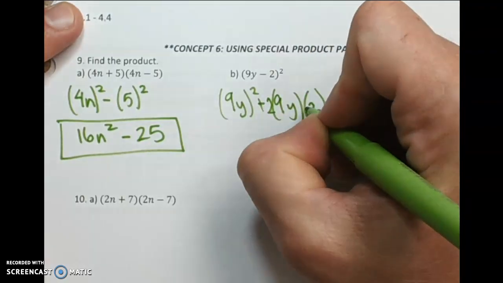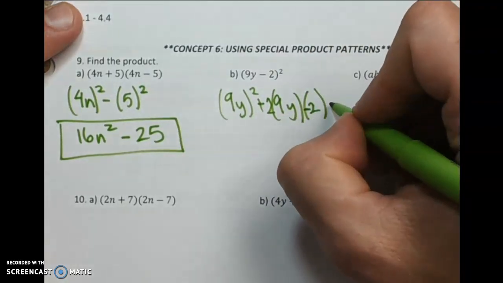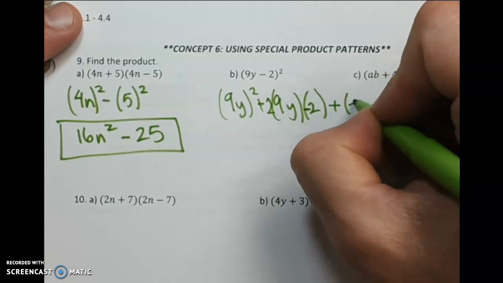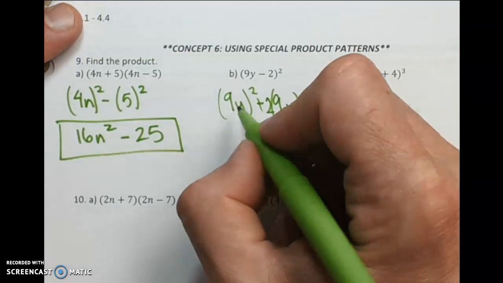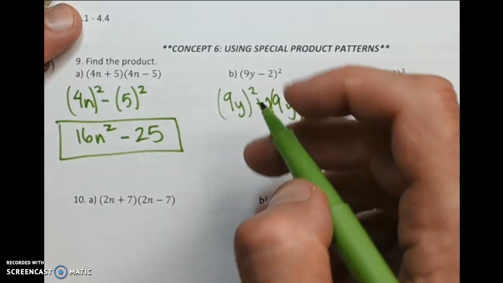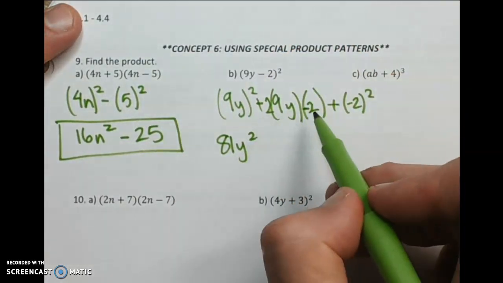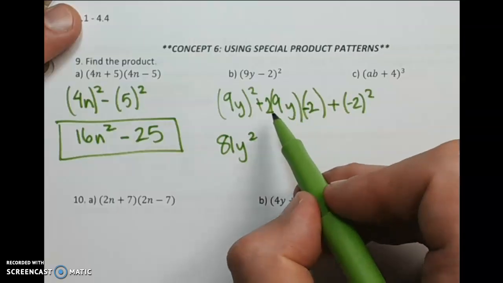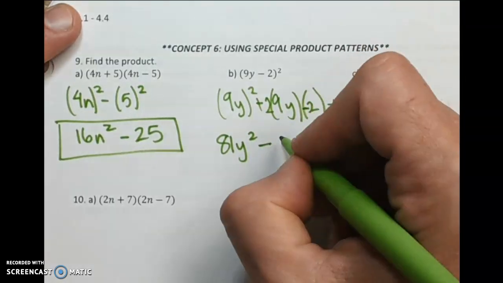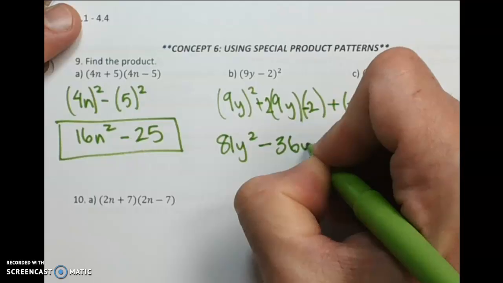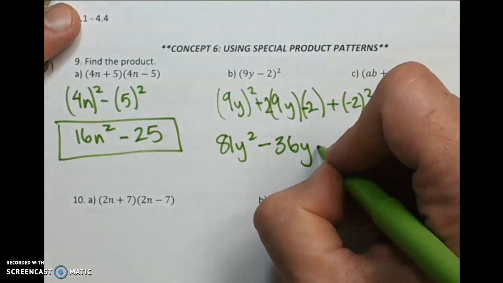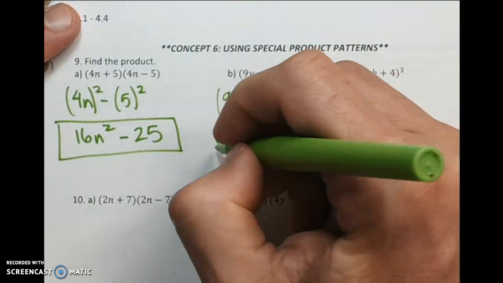You can put plus, negative, doesn't really matter, and then it'll be plus negative 2 squared. So, taking my first term squared, I get 81y squared. My two terms multiplied together is negative 18y, and then times 2 is negative 36y. Take my last term, negative 2 squared, and I get 4.